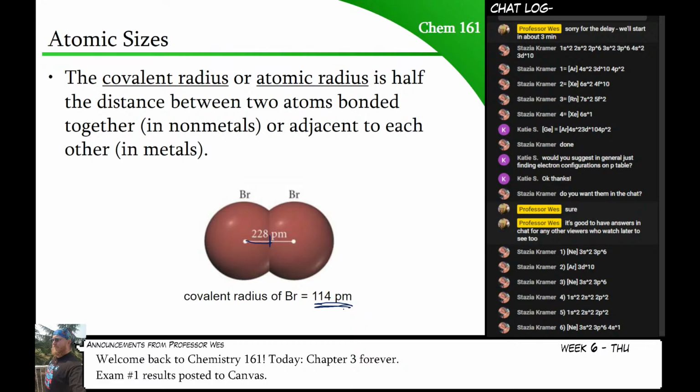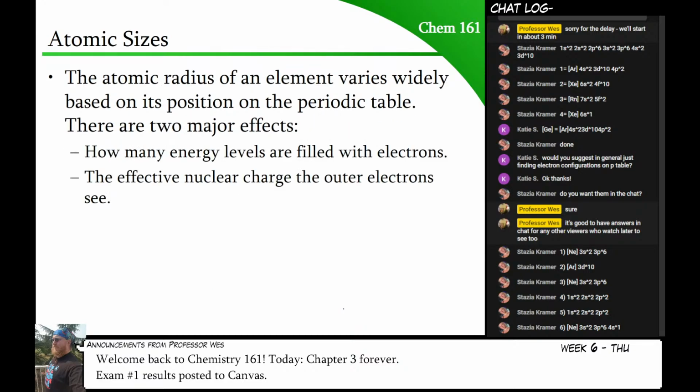What we do care about is how big are atoms in general compared to each other. And so when we do that, we need to consider some different features of them. Some features will make atoms seem bigger. Other features will make them effectively smaller. And so those features are how many energy levels, this is N, have electrons.